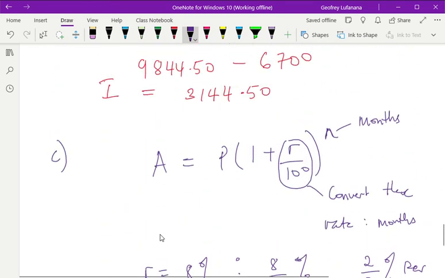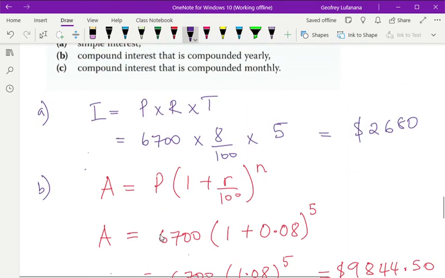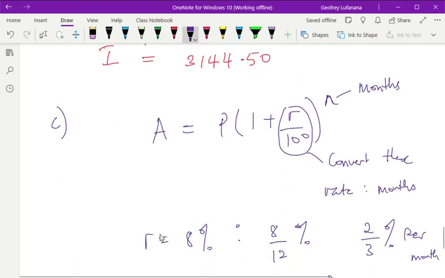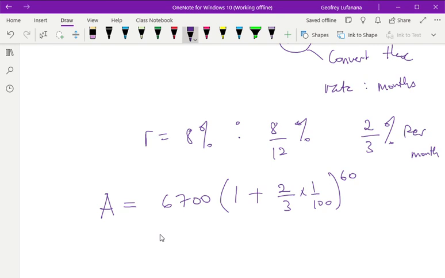Now, our time was 5 years. So if we are compounding it monthly, we need to change the 5 years to months. So this is basically 5 times 12, because there are 12 months in a year, giving us 60. So this is to power 60. You need to be able to press it on your calculator.